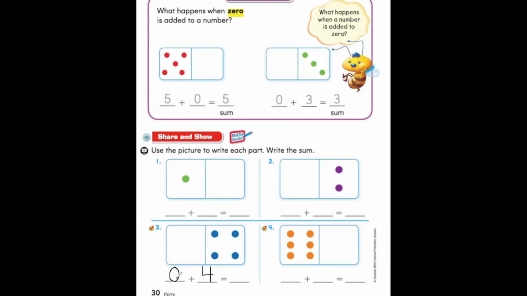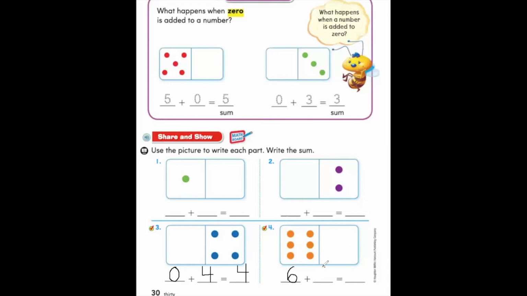Now it says 0 plus 4. 0 plus 4 equals 4. Check and make sure that you have this correct. Now let's look at number 4. The first part of our picture has 6 dots. The next part of our picture has no dots.